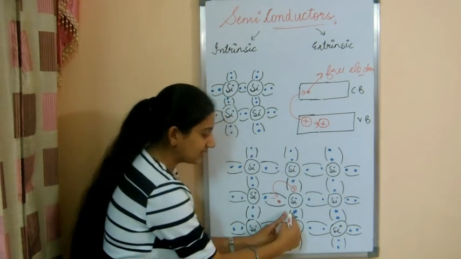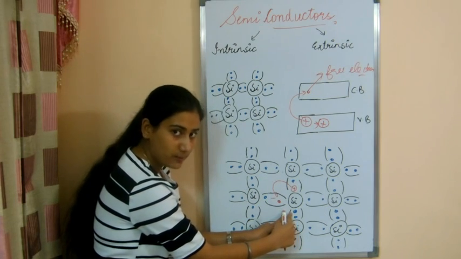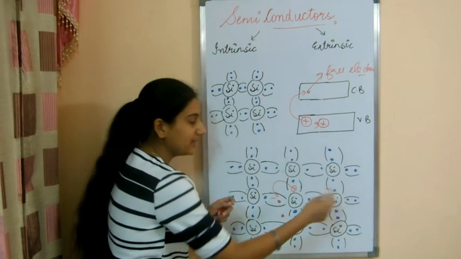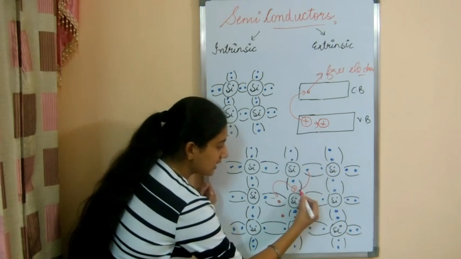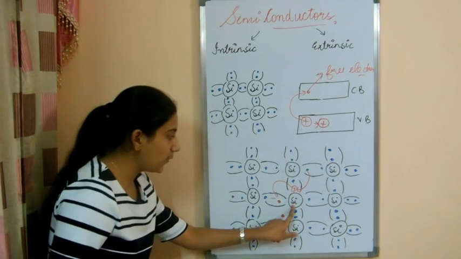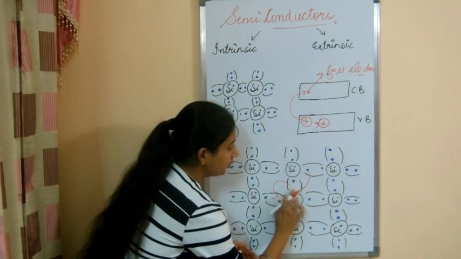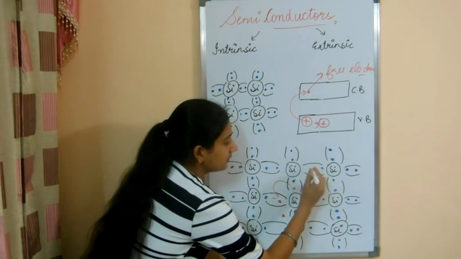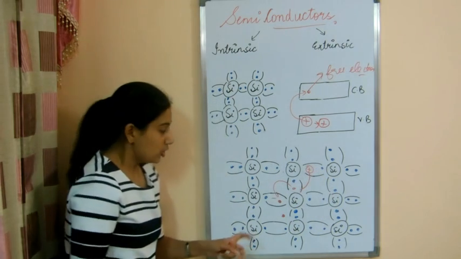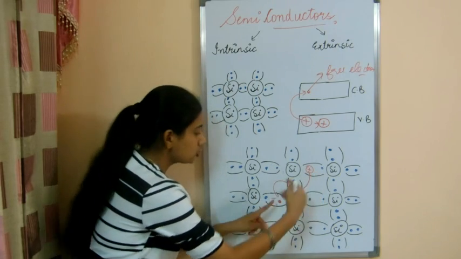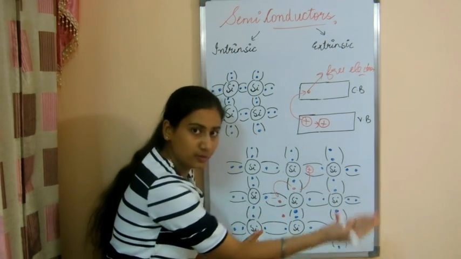Similarly, now this atom has a tendency to acquire one electron, so it will attract an electron from its neighboring atom. Suppose this electron jumps to fulfill its requirement. So what happens? This electron comes here, this space gets fully filled, there is a vacancy here now. So we can see initially the hole was here, but now it is here. So we can see that there is movement of the hole.